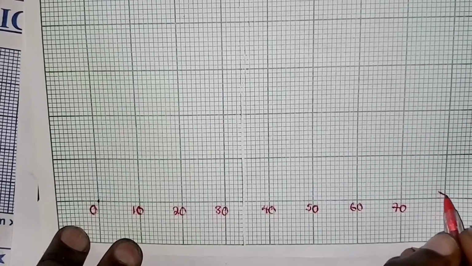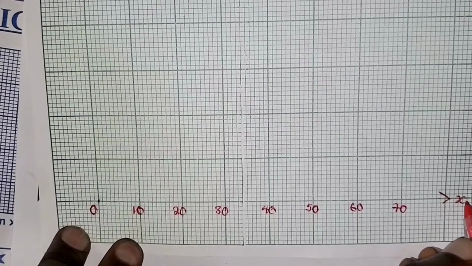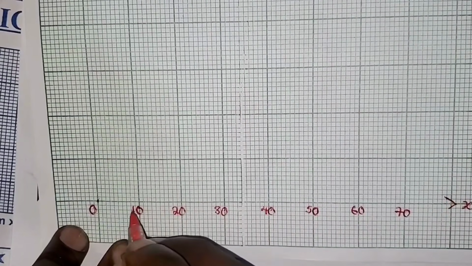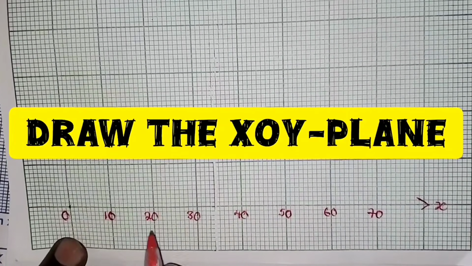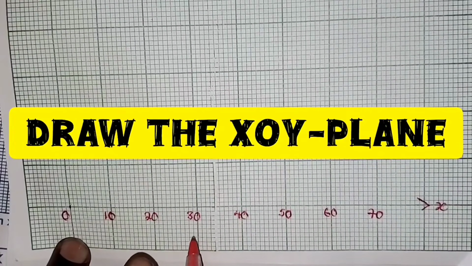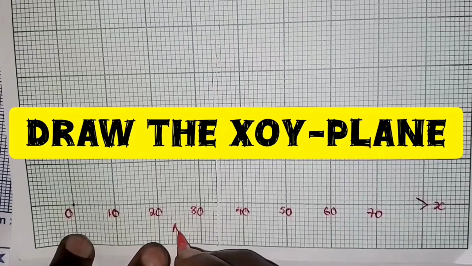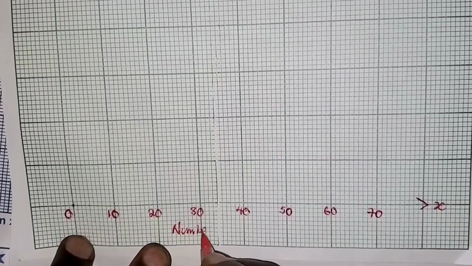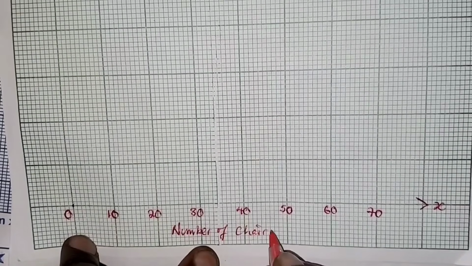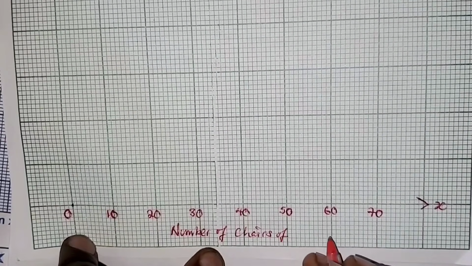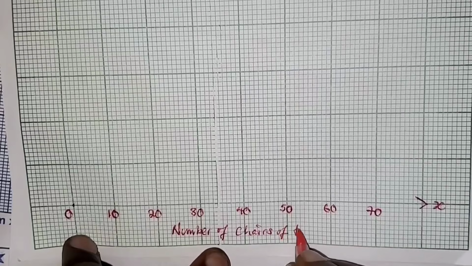All right, so this is our x-axis. I'll draw the line. Then on the x-axis, you write here the number of chairs of type A.